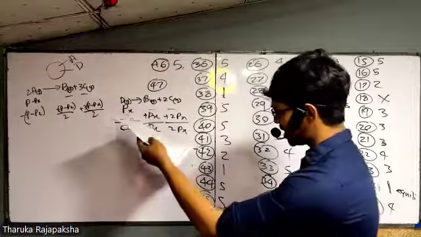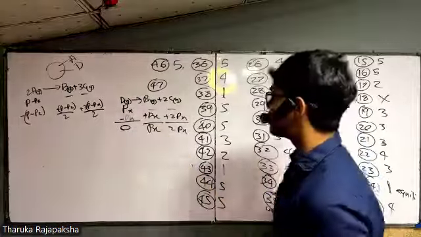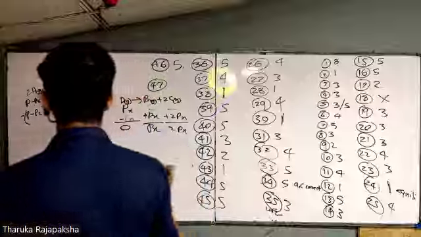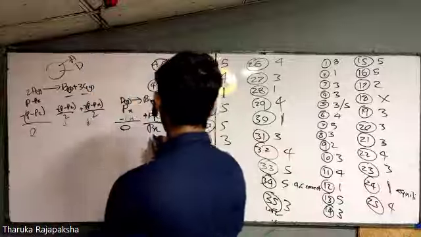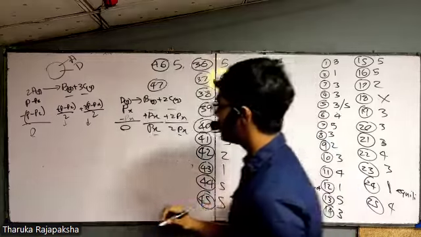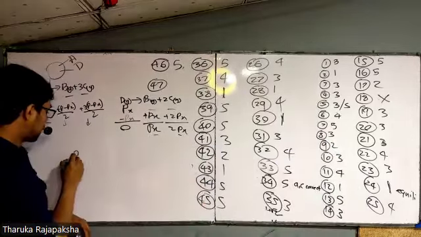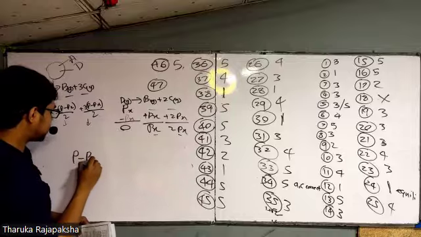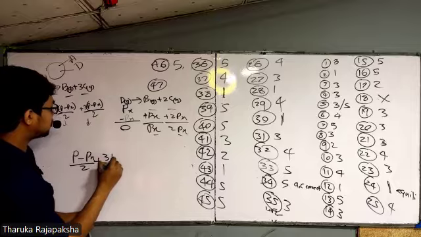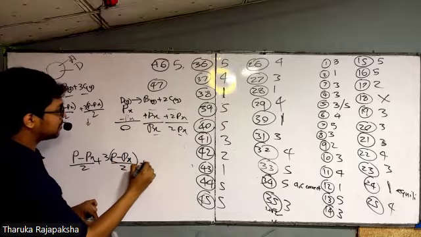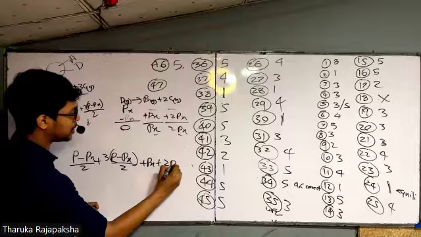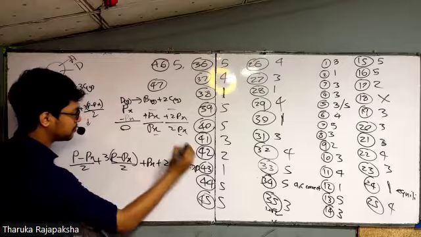So we can add these things up: (P minus Px)/2 plus (3P minus Px)/2 plus Px plus 2Px equals 2.7P.